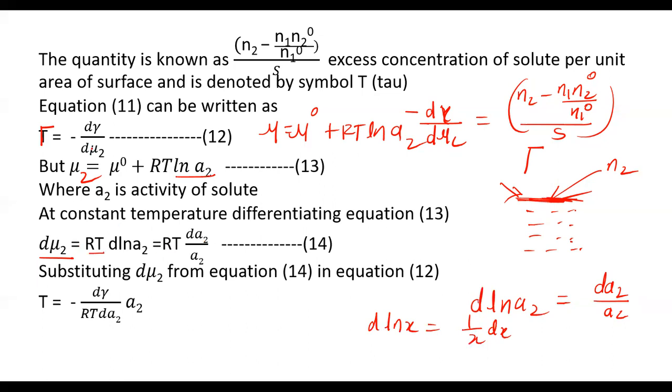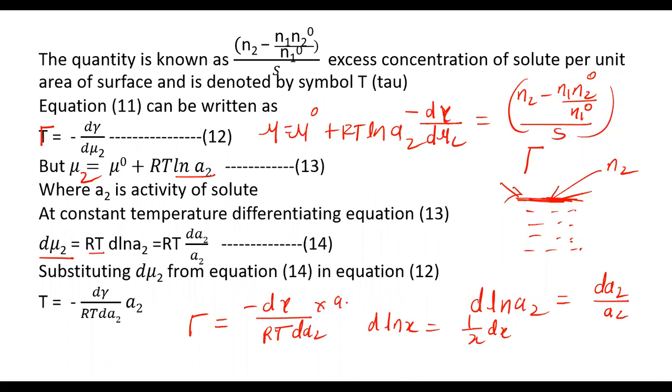Substitute this d mu 2 into equation 12. A2 goes to the numerator, so tau equals minus d gamma divided by RT into dA2 into A2.